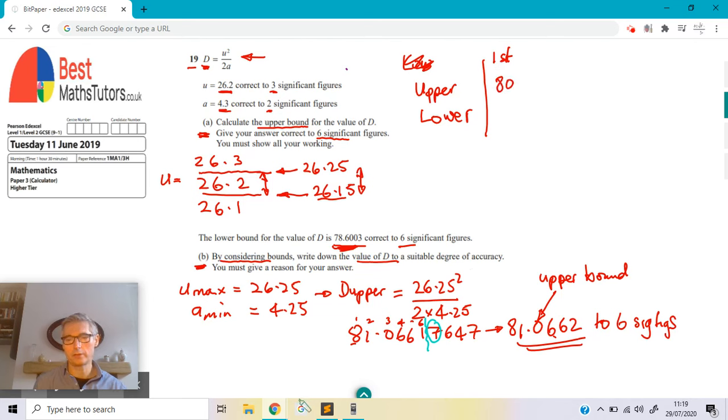So when you're doing a number to 1 significant figure and it's bigger than, say, in this case, it's in the tens, isn't it? So we've got 80 there.